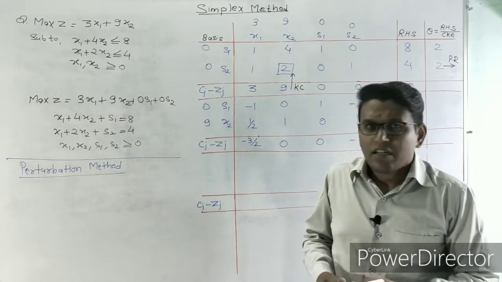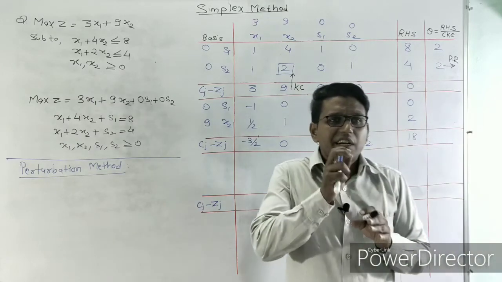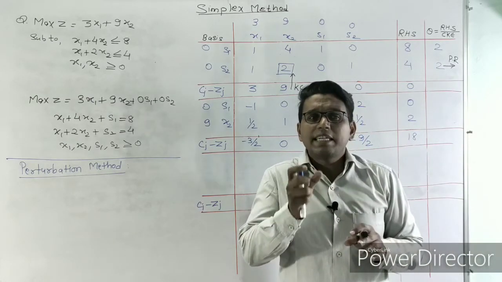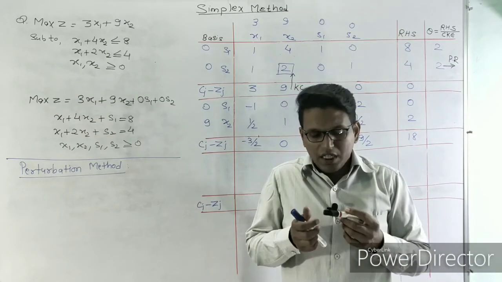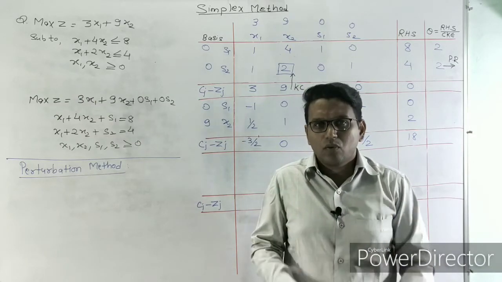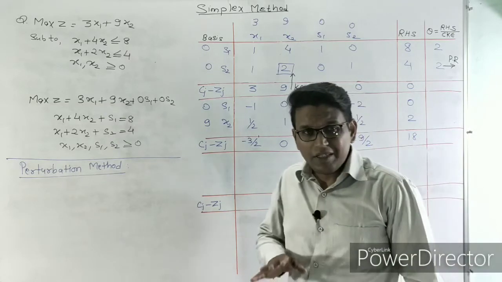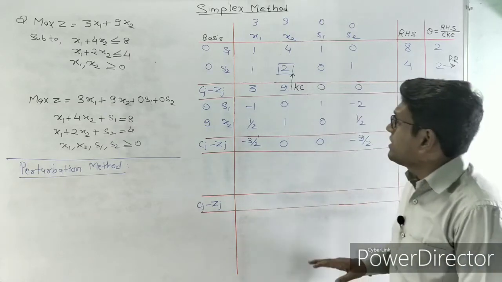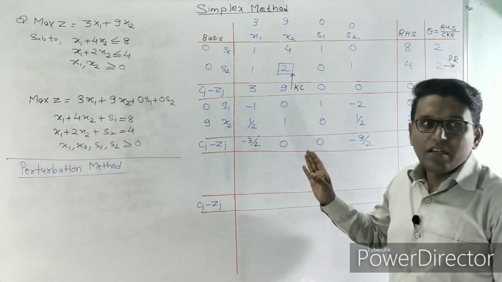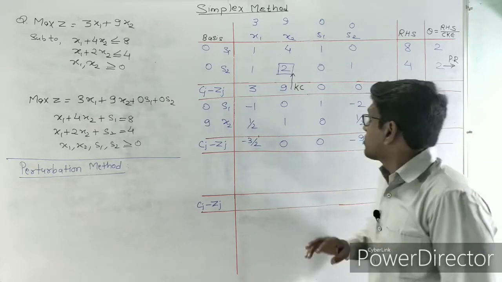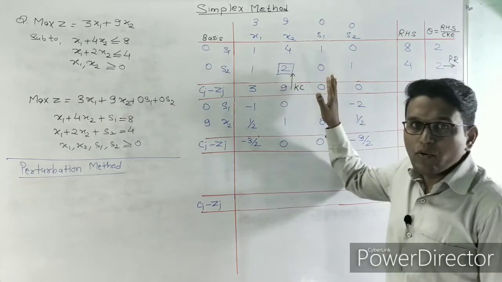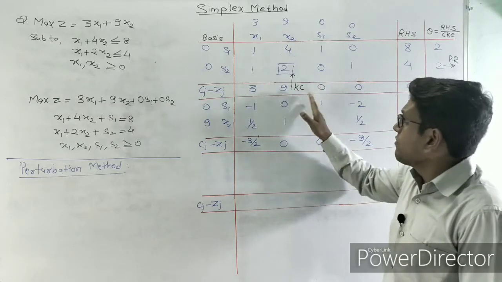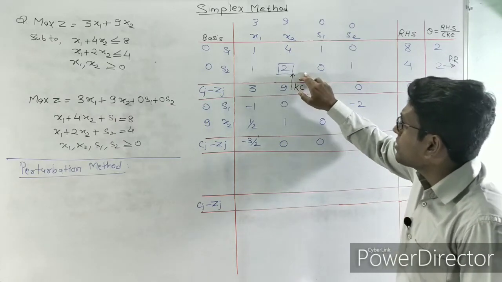First step is to divide each element in the tied row by the positive coefficient of the key column in that particular row. So among these two tied rows, we divide each element by the corresponding key column element.